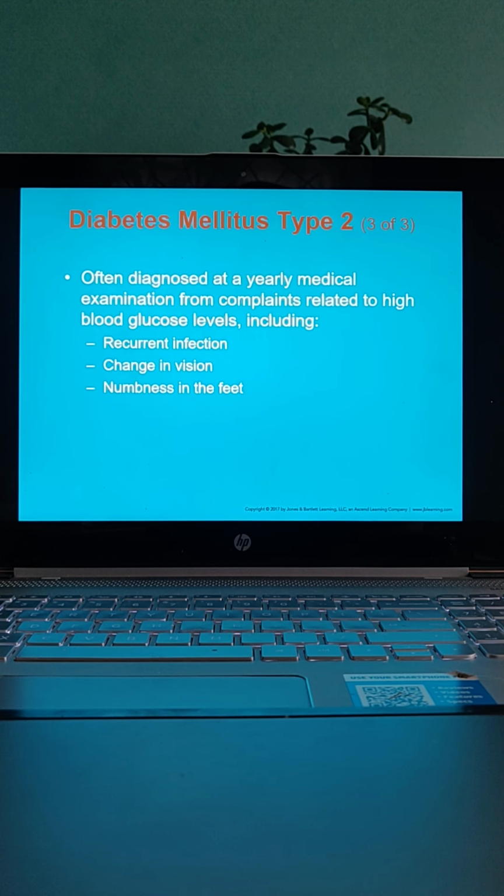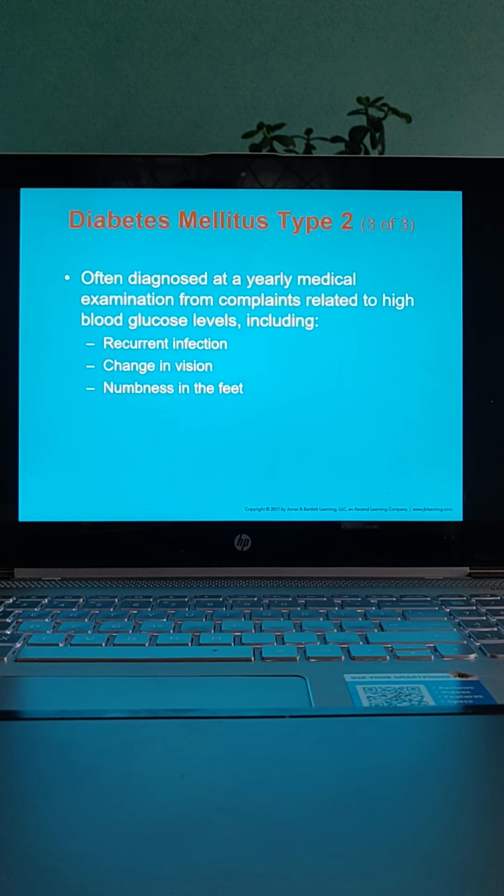Diabetes 2 is often diagnosed at your yearly medical checkup. The doctor is going to see that your BGL is constantly on the high side. They take your weight every time you go into the doctor's. They're going to see that your weight keeps going higher and that you're obese or much heavier than you should be and you're not losing the weight. Okay?